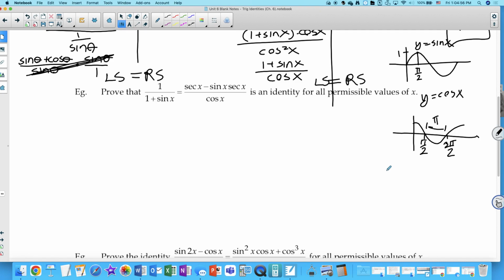All right, so prove that 1 plus sine x equals sec x minus sine x times sec x over cos x. Prove that this is an identity for all permissible values of x.